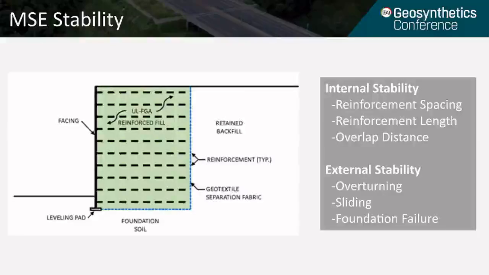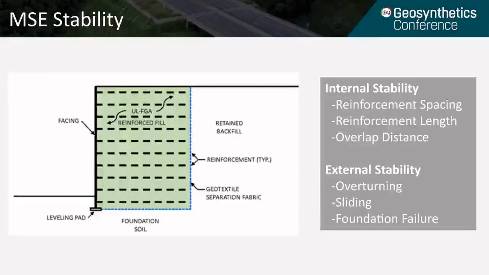In the design of any MSE wall, we will want to check the internal stability of the wall by looking at the factor of safety against the reinforcement pulling out and the reinforcement breaking. These calculations are used to determine the reinforcement spacing, the reinforcement length, and in the event of a wrap face wall, the overlap distance.